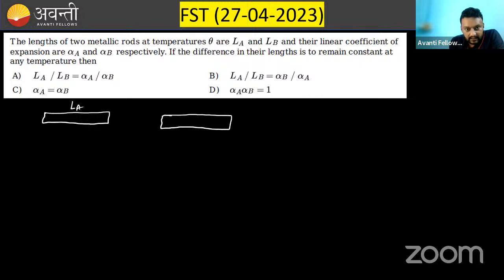Their lengths are LA and LB. Temperature coefficients are alpha A and alpha B. Clear? At some temperature theta. If the difference in their length is to remain constant at any temperature, then that means they are saying the difference in their length should remain constant.